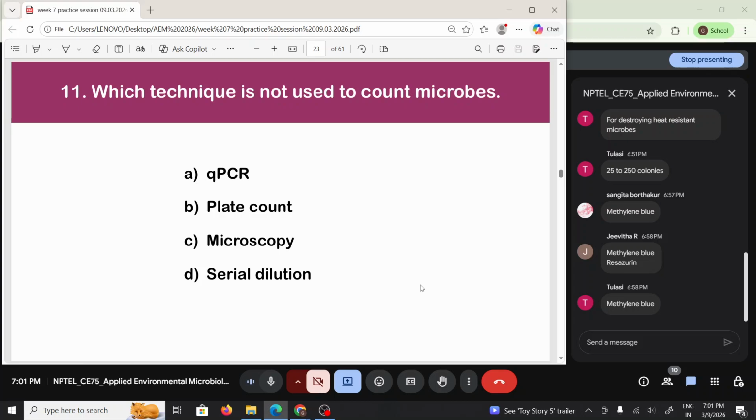Out of the following techniques, which technique is not used to count microbes?